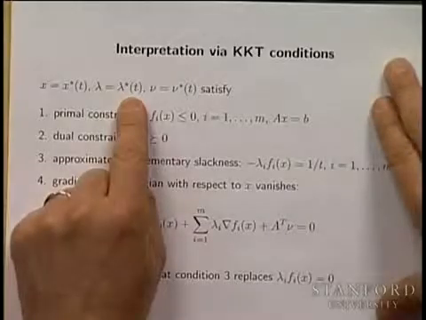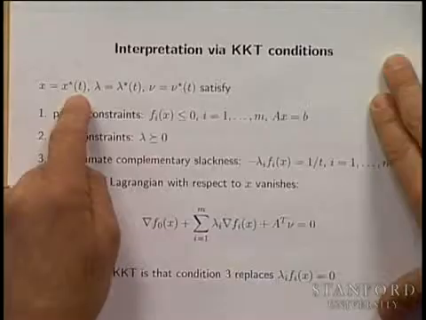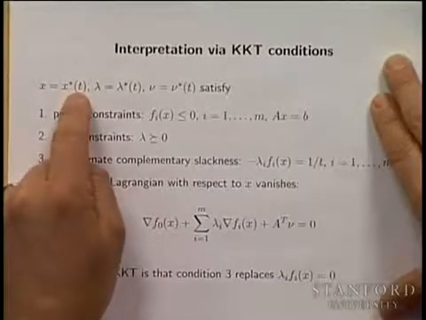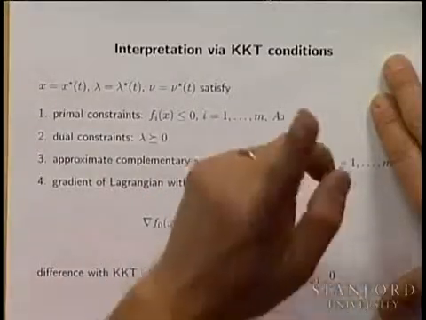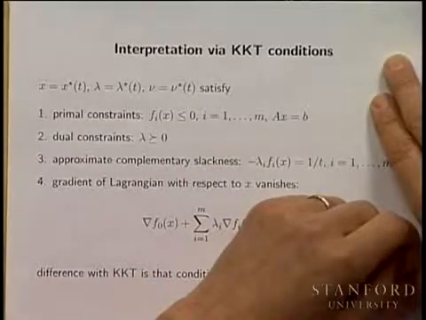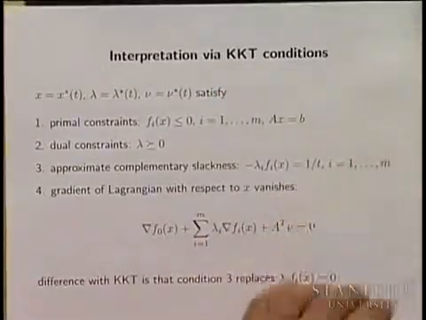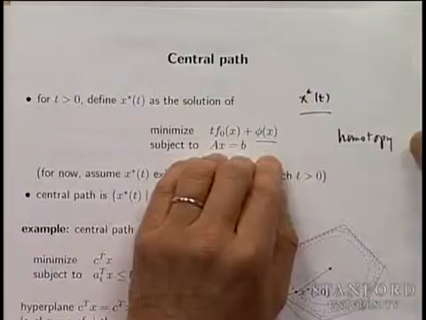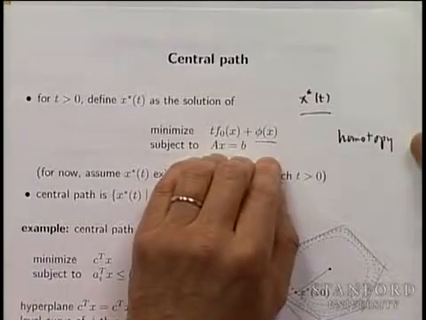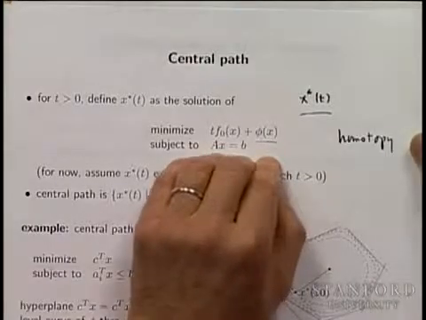Let me point one thing out. When you fix t, you don't know lambda star until you've calculated x of t. So you don't know what dual point you're going to end up with until you do. Curiously, though, you do know exactly what duality gap you're going to have. Your duality gap is going to be exactly m over t. Period. So in fact, one way to say it is when you solve this problem, which appears to be a primal problem, whether you like it or not, you're actually going to calculate a primal dual pair for the original inequality constrained problem with a duality gap exactly equal to m over t.